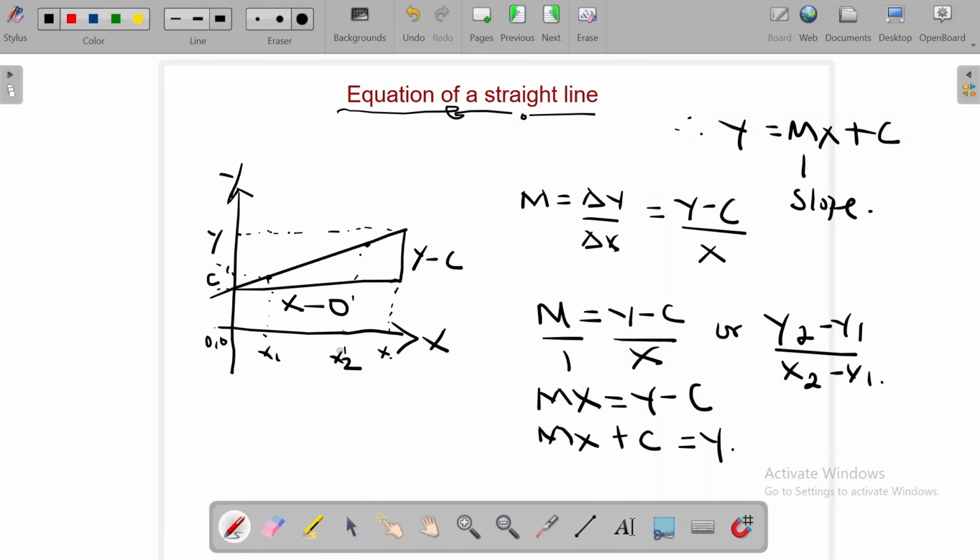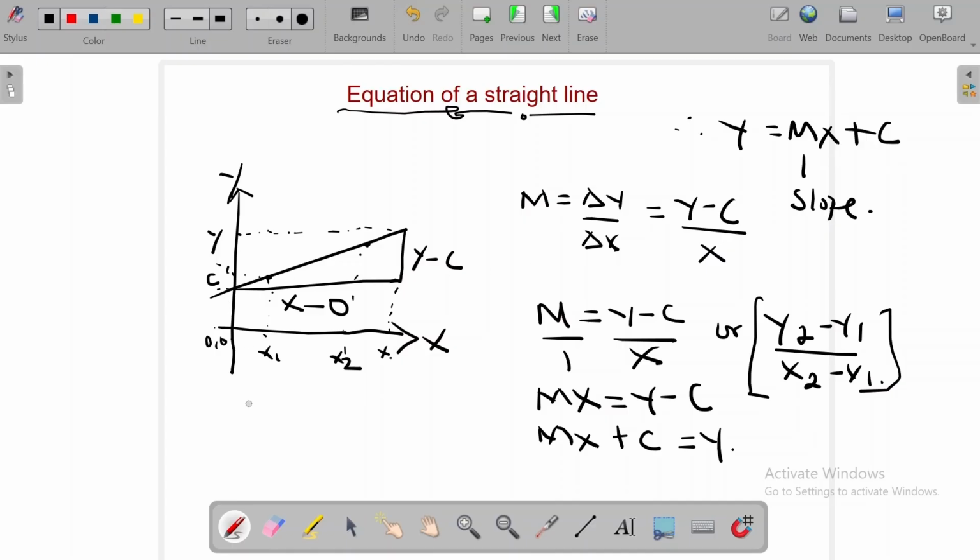But what I'm emphasizing here is that slope is simply the change in y over the change in x. If you rewrite this expression, it becomes y is equal to mx plus c. So please take note that the slope can also be calculated using this formula. Simply input it here and state the intercept.